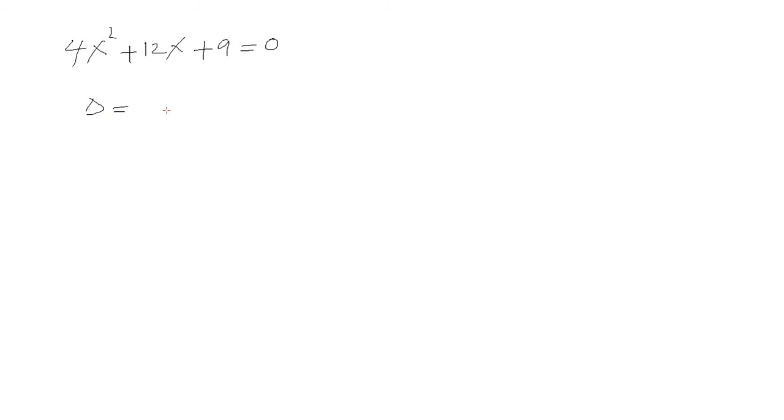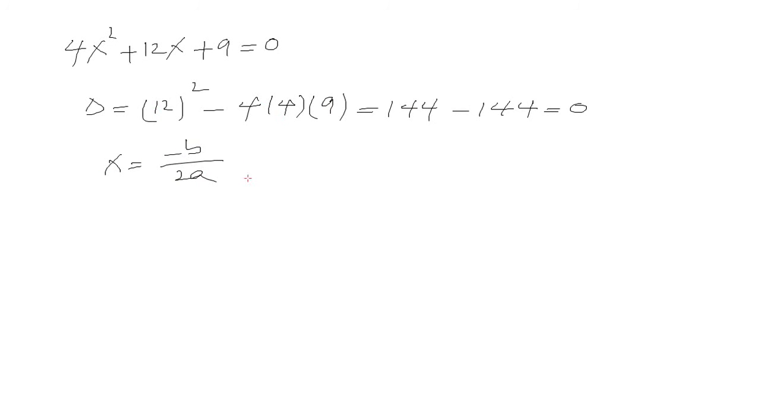The discriminant is 12 squared minus 4ac, and this is 144 minus 144 equals 0. And since the discriminant is 0, we have a unique solution, and our unique solution would be minus b over 2a. In this case, minus 12 over 2a is 8, or negative 3 over 2.